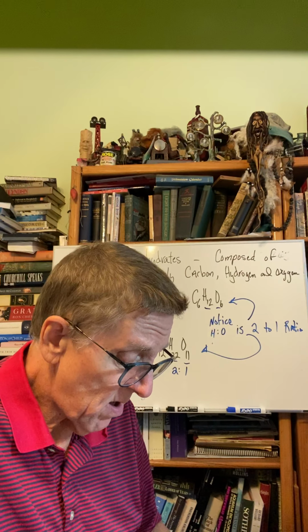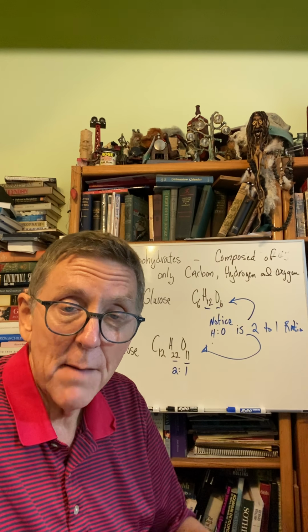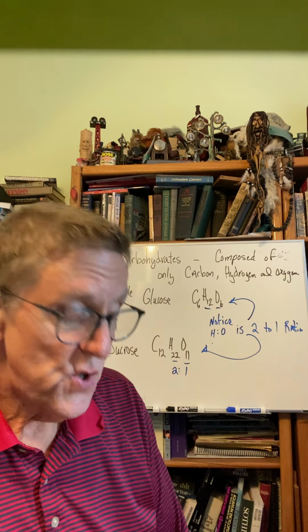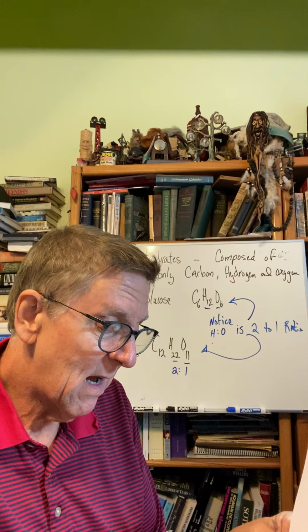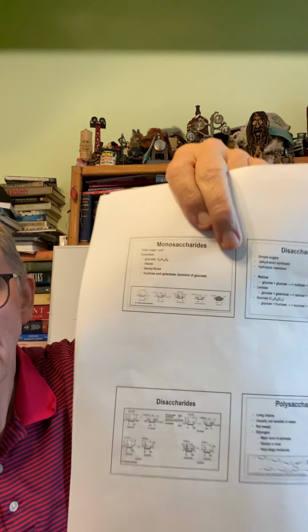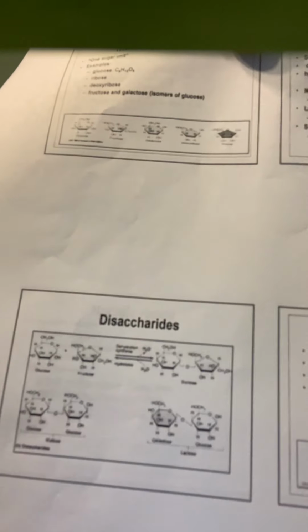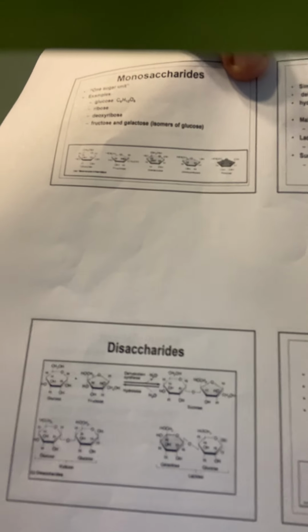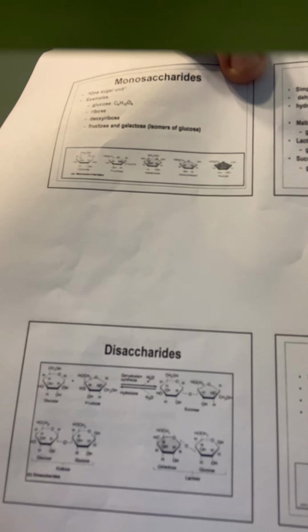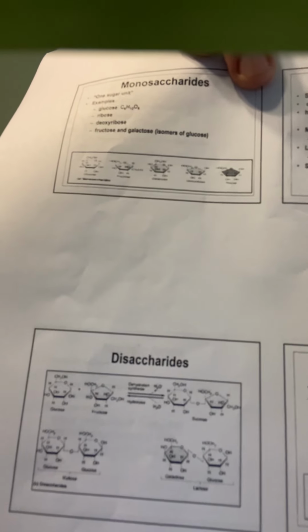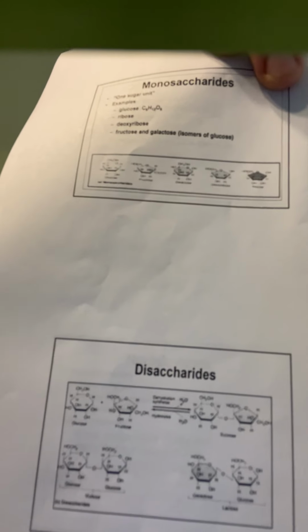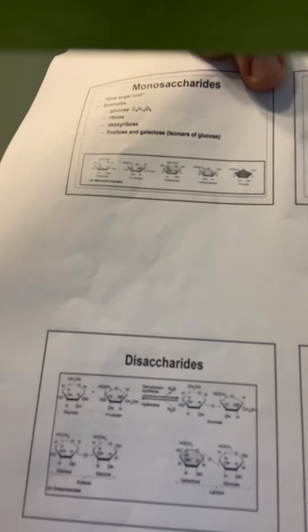So I'm just going to show this picture here. You'll want to look at this very carefully. I'd said we have those ring structures. Each of those ring structures is a monosaccharide.